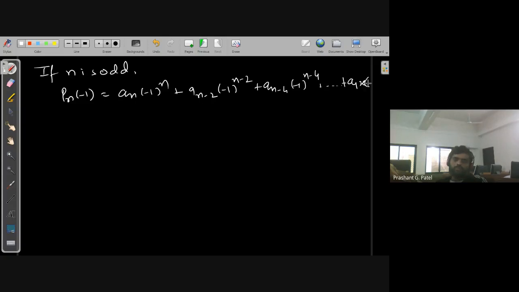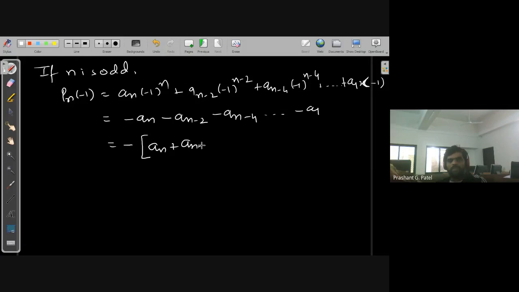Sorry, not x, but minus 1. This gives you minus an, because n is an odd number. So n minus 2 is also odd. This is minus an minus 2, minus an minus 4, up to so on, minus a1. If you take minus common, you will have an plus an minus 2 up to so on a1, and this is exactly Pn of 1. So that's why it is minus 1.